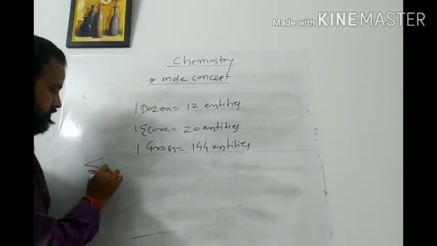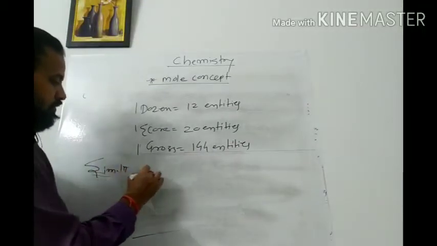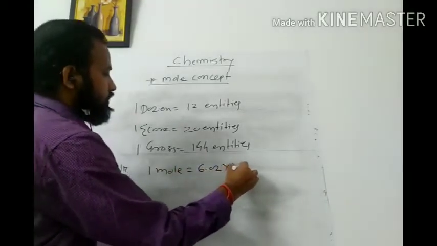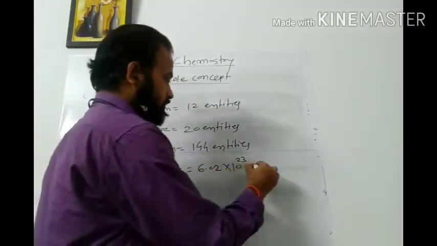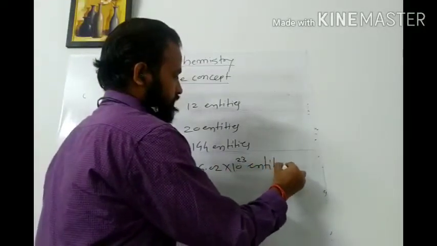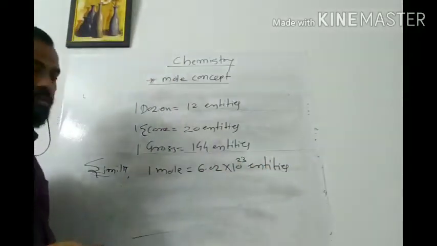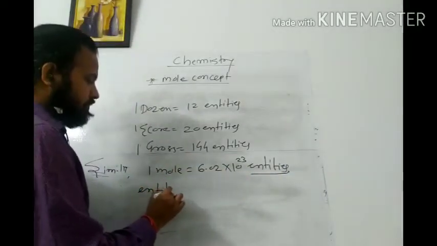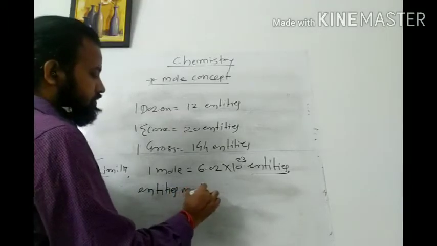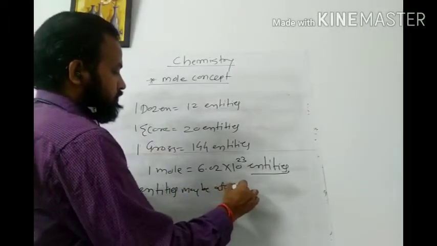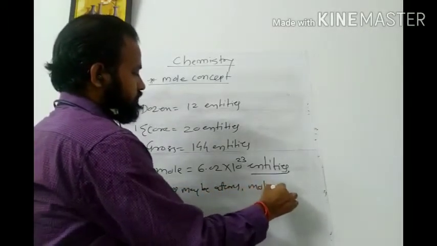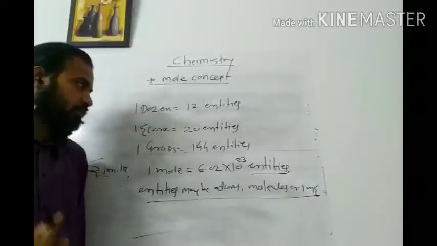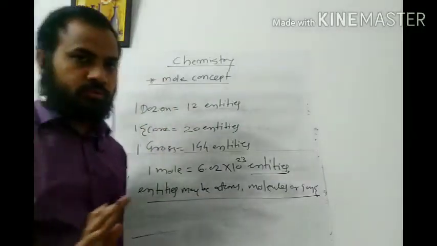Similarly, 1 mole equal to 6.02 into 10 raised to 23 entities. Now here, what do you mean by entities in case of mole? So entities may be atoms, molecules or ions. Okay, so this is how we are going to study the mole concept.